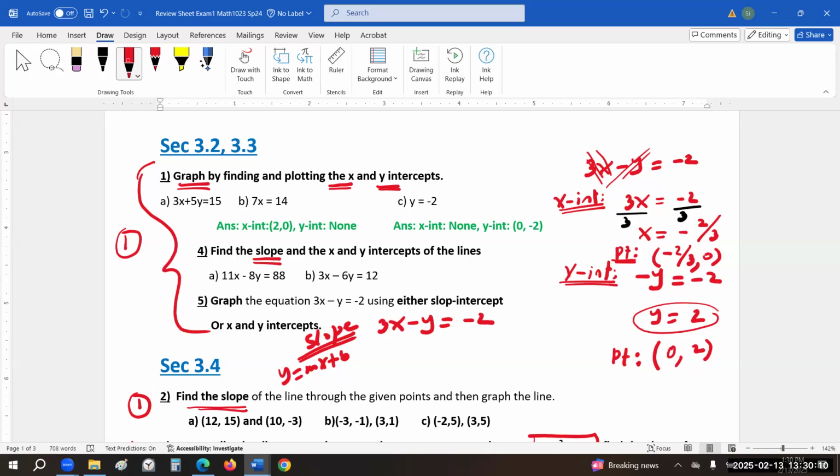You can simply solve for y. So you subtract 3x from both sides. You get -y equals -3x minus 2. But then we don't want to see -y. We want positive y. So you multiply or divide the entire thing by negative. It means you're just changing all the signs.